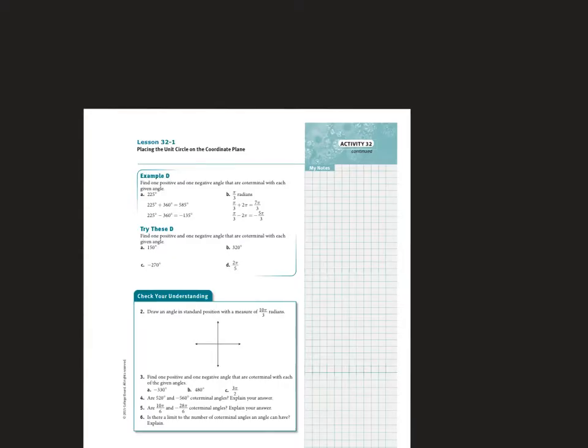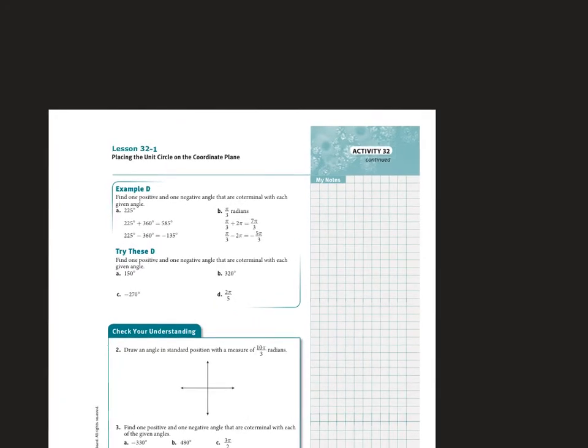Okay, so where are these coterminal angles? They're asking us to find a positive and negative coterminal angle with 225. So I'm going to add 360 to find one and subtract 360 to find one. Pretty straightforward with degrees. Radians, a little bit tougher because of the fractions, but I know you can do them. So again, we're going to add or subtract 2 pi. If I had to add a little bit more work here, 2 pi, remember, is 6 pi over 3.